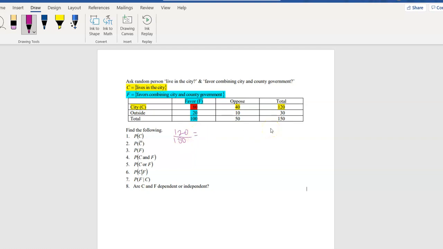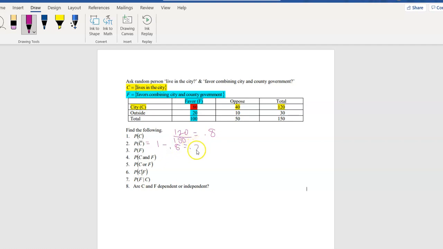And if we want to, we can make that into a decimal. 120 divided by 150 ends up being just plain old 0.8. All right, now we want the probability of C complement. Well, let's do it the easy way. Let's remember that C complement is 1 minus the probability of C. So 1 minus 0.8 is 0.2.